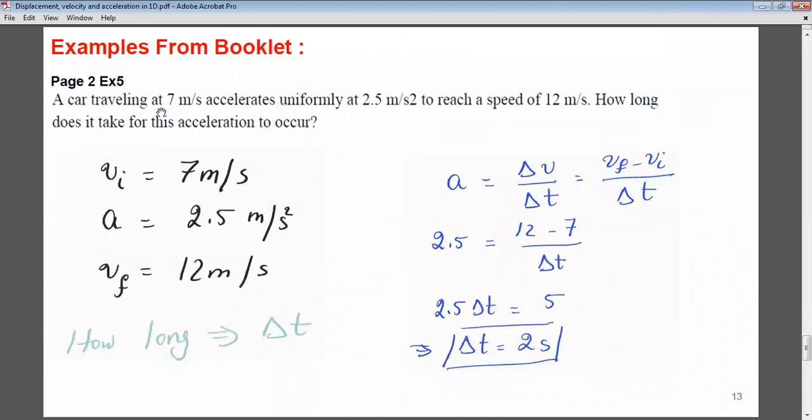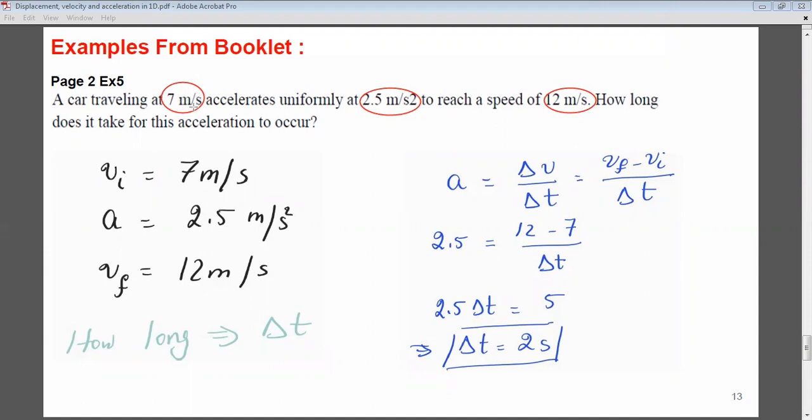A car traveling at 7 meters per second. So what is this 7 meters per second? It's traveling at 7 meters per second, accelerates at 2.5 meters per second square to reach a speed of 12 meters per second. So what are these things? This unit here is meter per second, so this is distance over second.